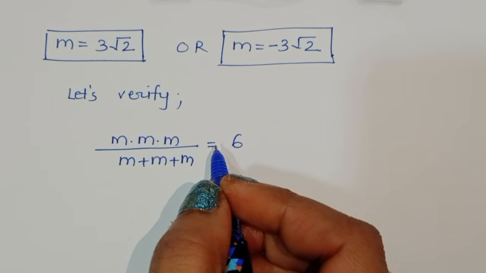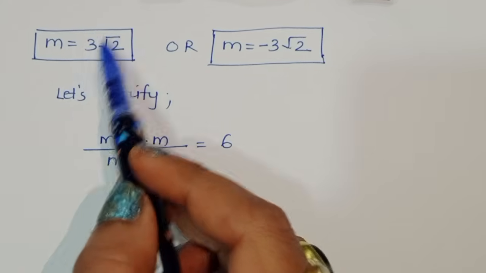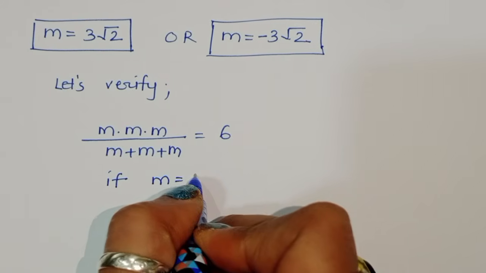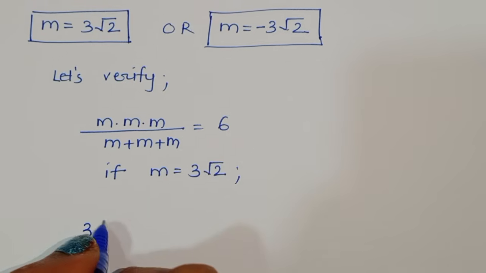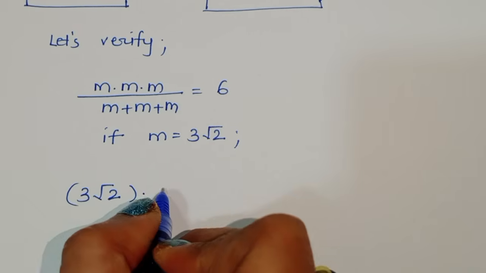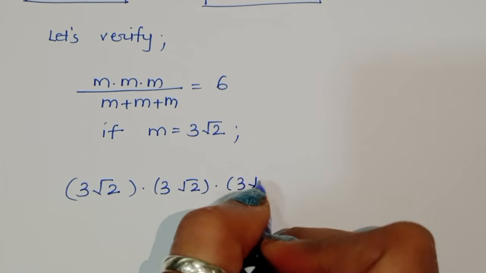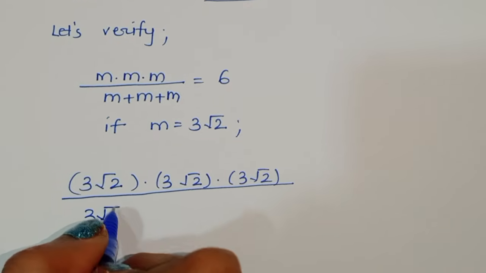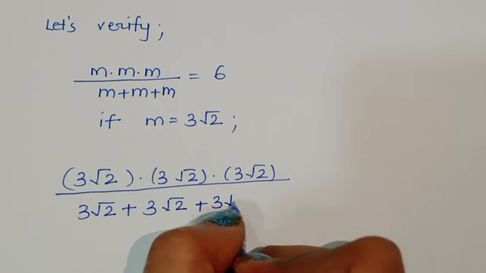Now we substitute the positive value first. If m is equal to 3 square root of 2, then we have 3 square root of 2 times 3 square root of 2 times 3 square root of 2 divided by 3 square root of 2 plus 3 square root of 2 plus 3 square root of 2.